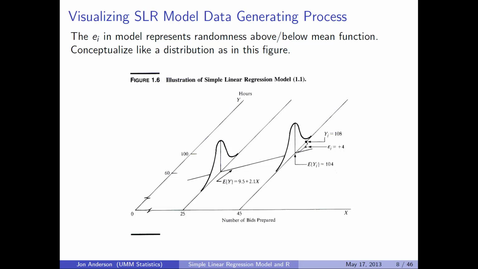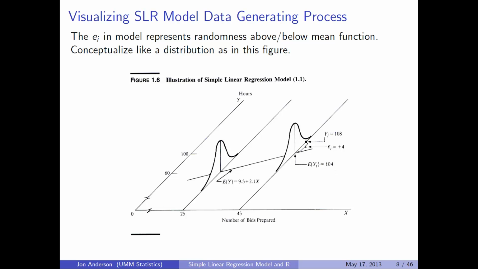And here on overhead 8, you can see the three pieces. This line that's going through here is the mean function, and then these little bell-shaped distributions are meant to communicate the variation in the random errors, the sigma, of how much variation y values will have above or below the particular place on the mean function.